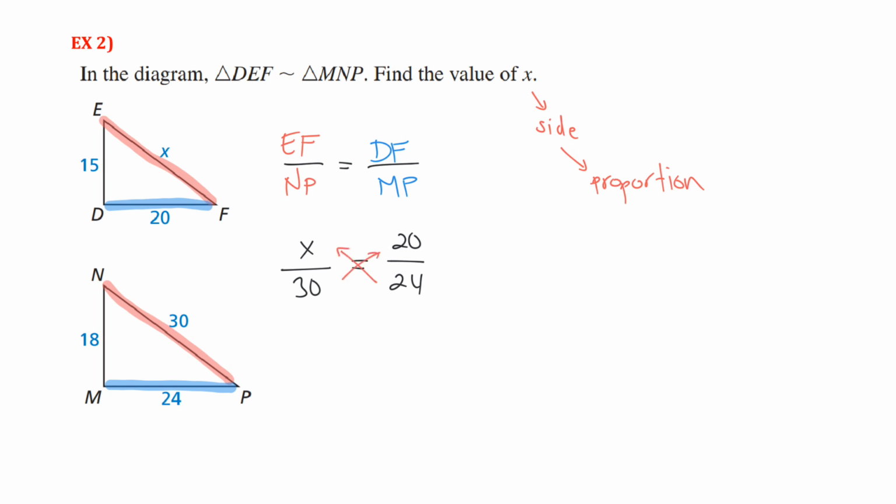So when I cross multiply, I get 24 times x, which is just 24x, and this is going to be equal to 30 times 20. Putting that into a calculator very quickly, if you don't know what that is, 24x is equal to 600. Last but not least, I'm solving for x. This says 24 times x, so I need to divide on both sides by 24.